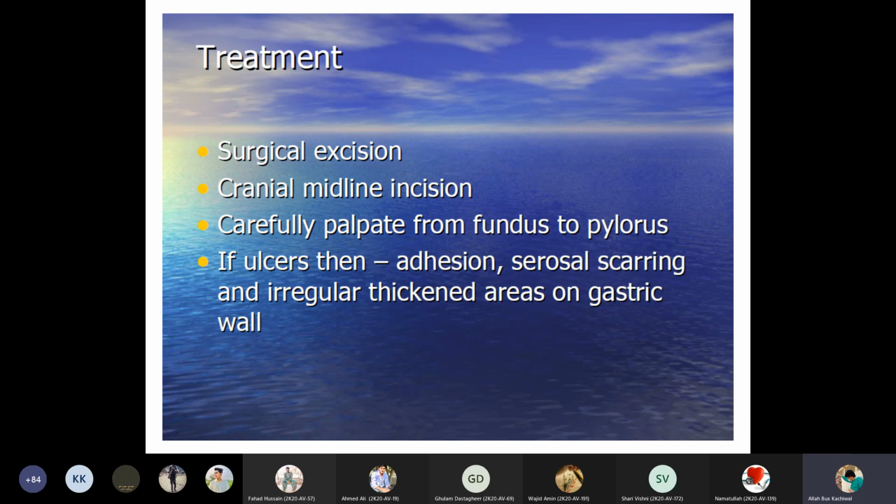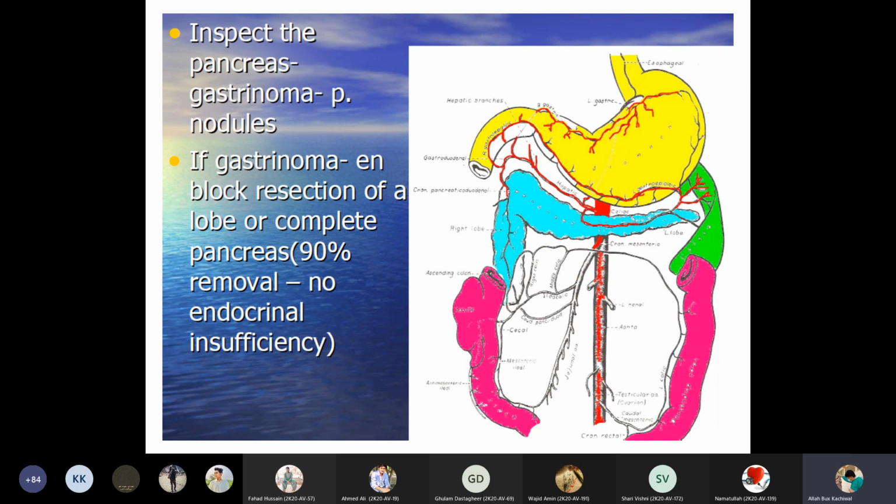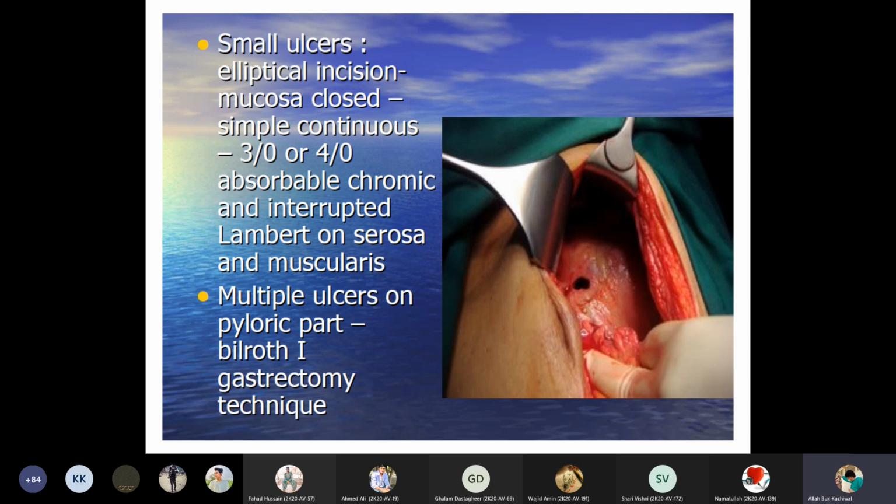Then inspect the pancreas for gastrinoma or nodules. If there is a gastrinoma, en bloc resection of a lobe or 90% pancreas removal, with no endocrine insufficiency, may be carried out. For small ulcers, make an epithelial incision, close the mucosa with simple continuous 3-0 or 4-0 absorbable chromic catgut, and use interrupted Lembert sutures on the serosa and muscularis.